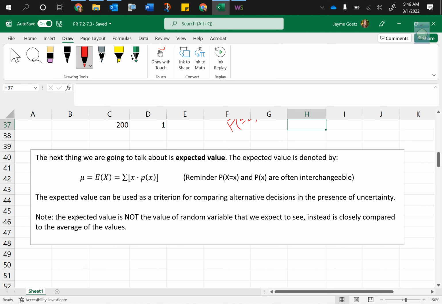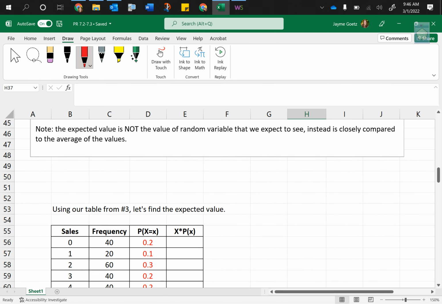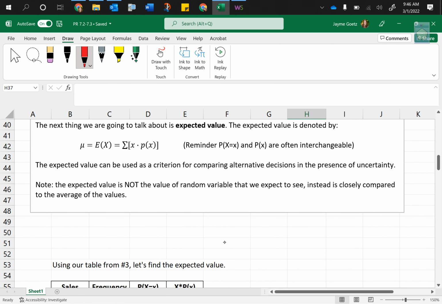So here's how we're going to find it. Using our table from number 3, the table that we just found, I made our probabilities red. We want to find the expected value. Again, the formula to find the expected value is given in this little box right here. The formula is the sum of each value times the probability.